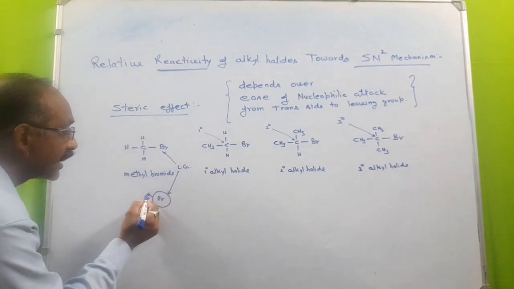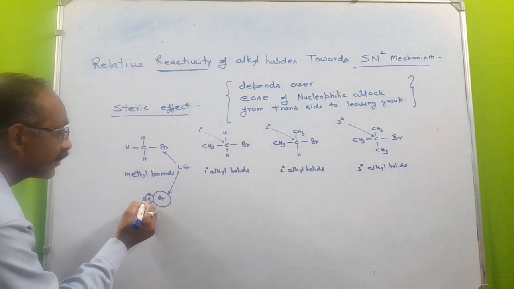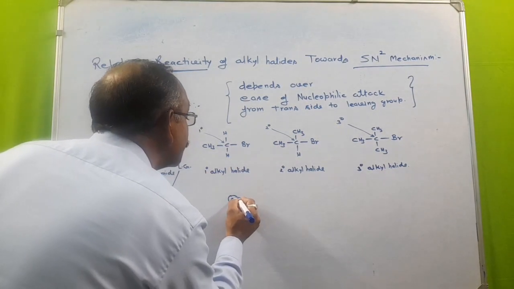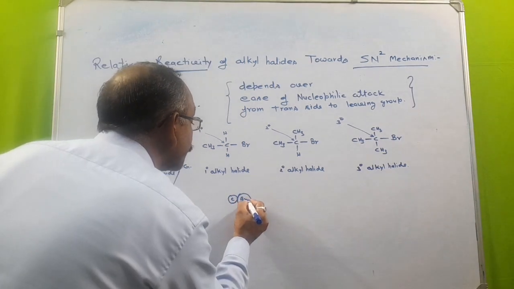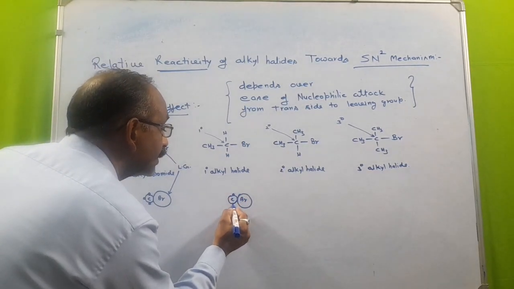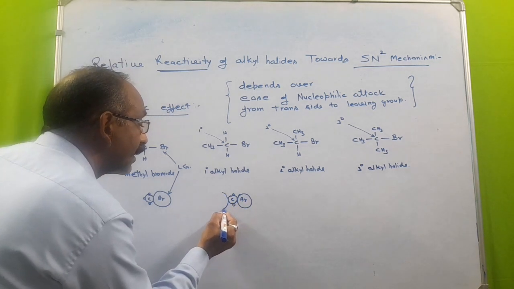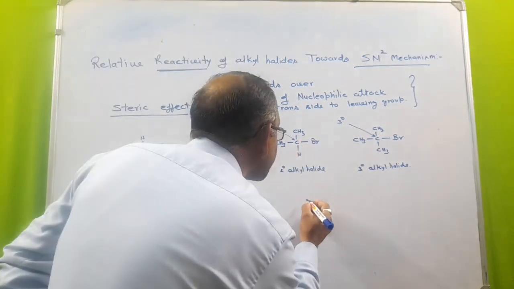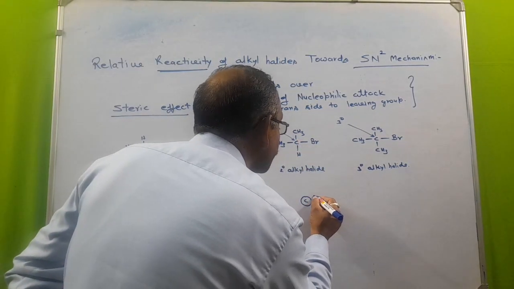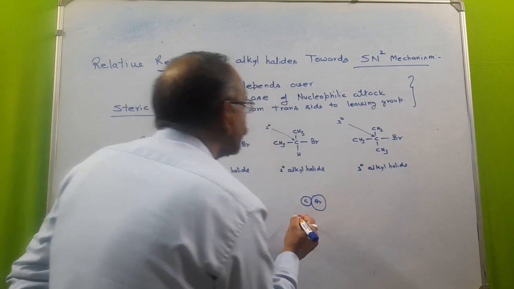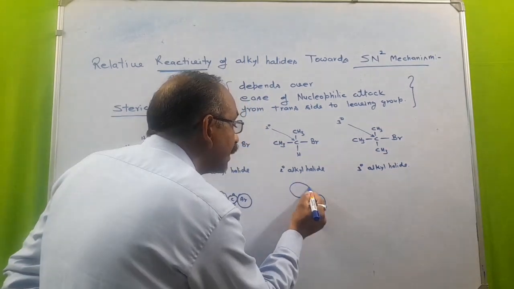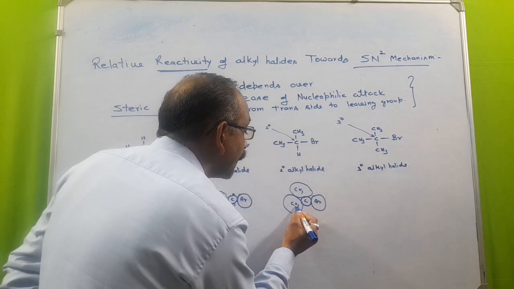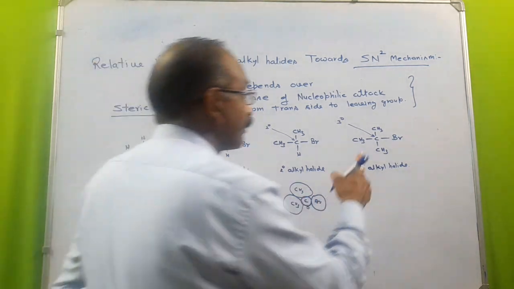And at this carbon, there are three hydrogen atoms. In this case, here at the central carbon, there is one Br and there are two hydrogens and one bulky alkyl group. In this case, there is a carbon and at this carbon there are two bulky alkyl groups and one hydrogen.